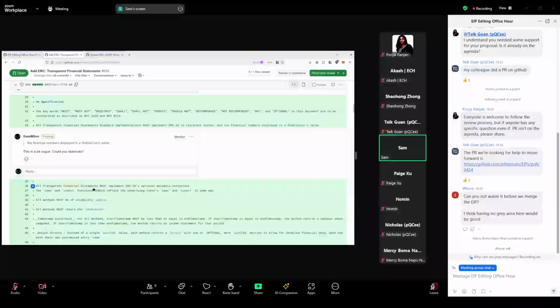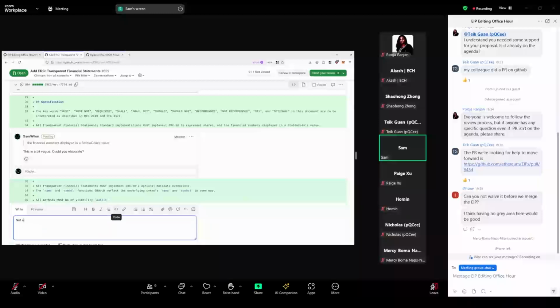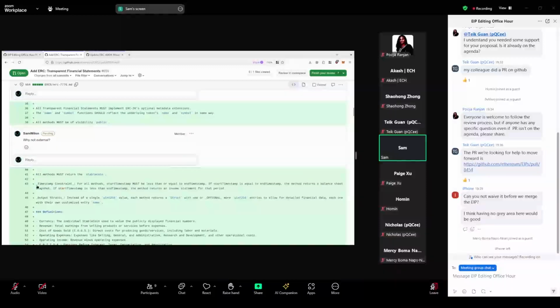All transparent financial statements must implement ERC20's optional metadata extension. Yep. The name and symbol functions should reflect this. Okay. All methods' visibility is public. Must return the statement.